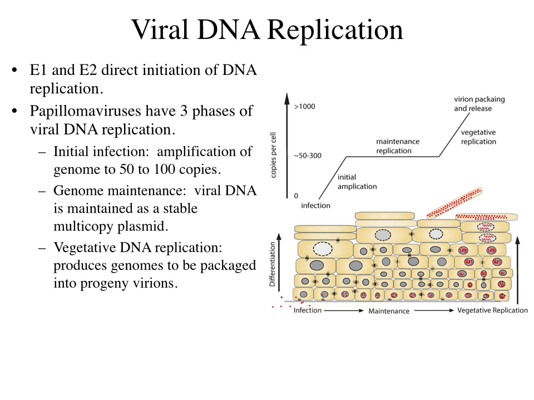Early genes are transcribed, permitting an initial replication phase that results in 50 to 100 copies of DNA per cell. Genomes then replicate on average about once per cell cycle as the basal cells divide and the viral genomes are distributed equally among the daughter cells. This is referred to as plasmid replication.